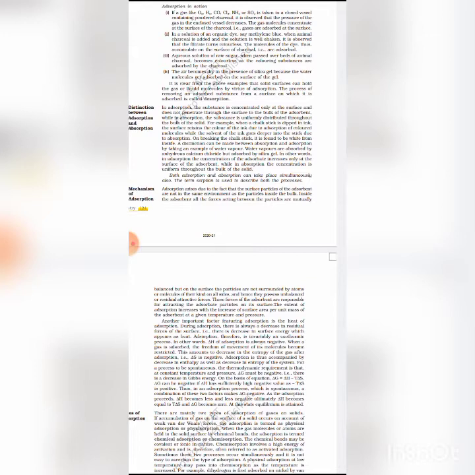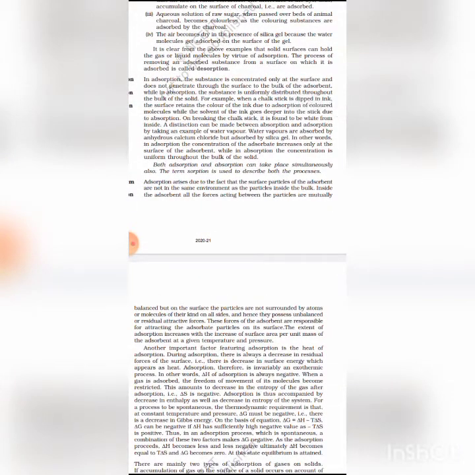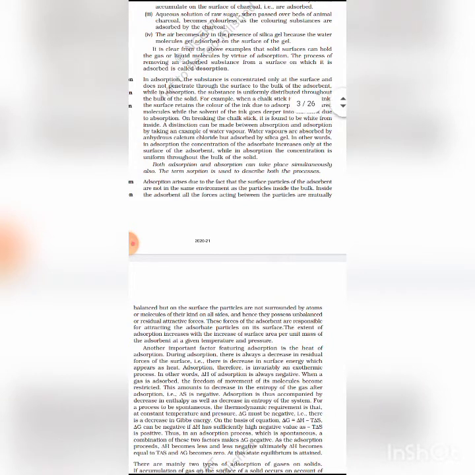Such side by side occurrence of adsorption and absorption is called sorption. So we can say that both adsorption and absorption can take place simultaneously, and the term sorption is used to describe both processes.